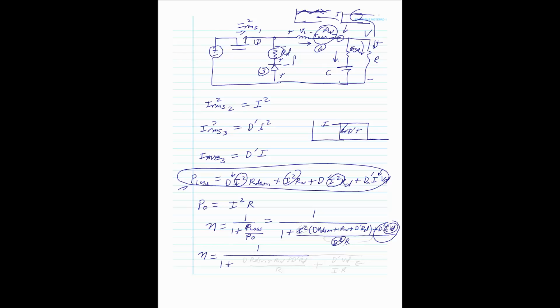Now the I squares go out here, and it's just D RDS on plus RW plus D prime RD over R, plus this term, D prime VD over I R. We got rid of one of the I's from here to here. So we need to evaluate that.